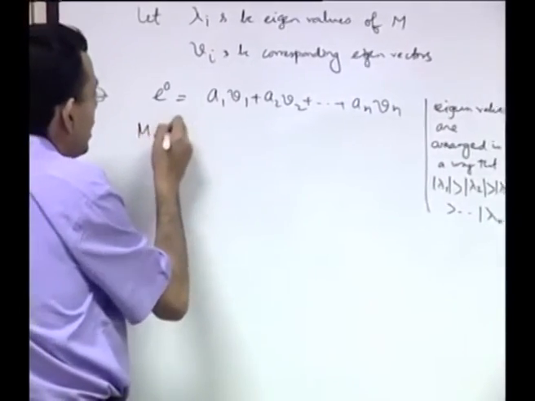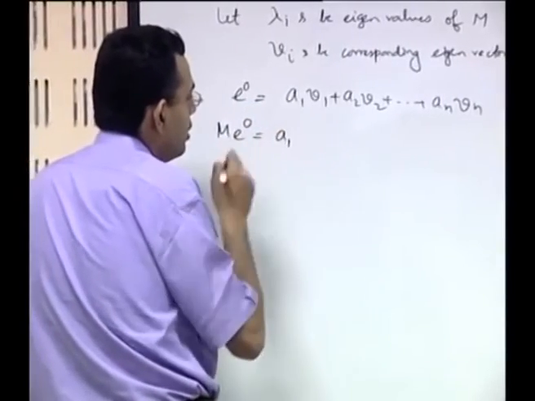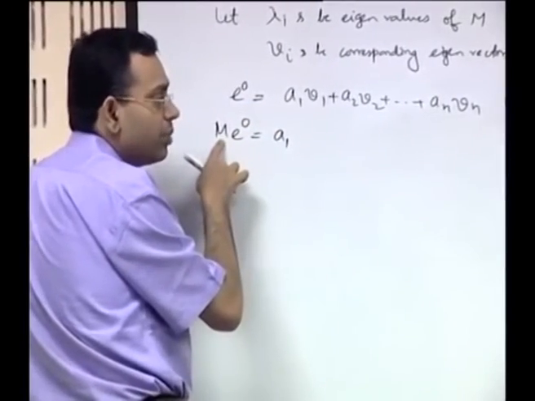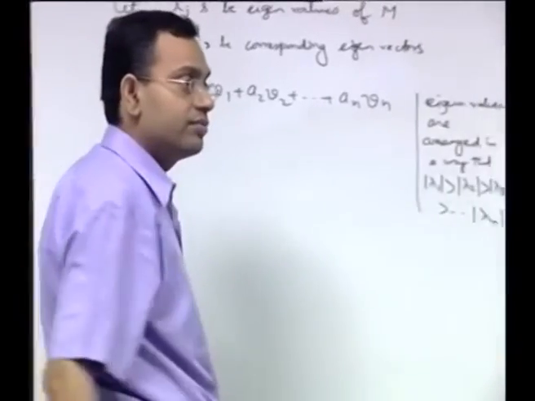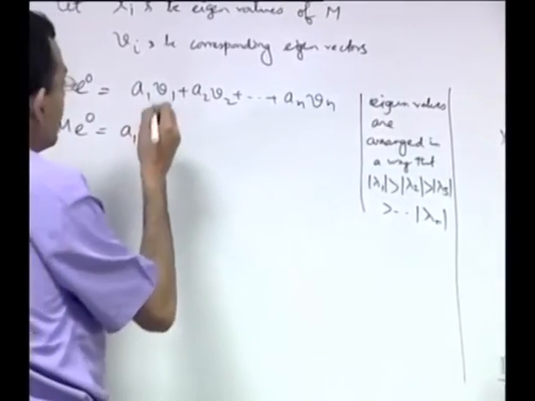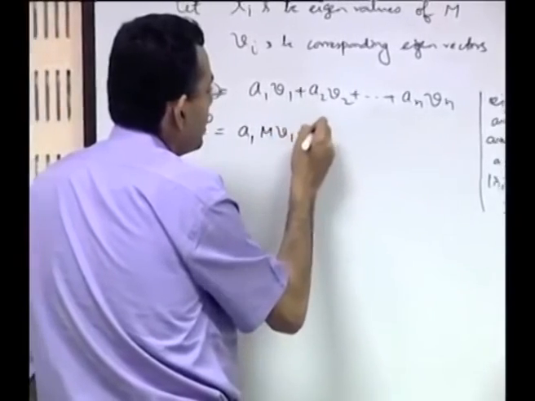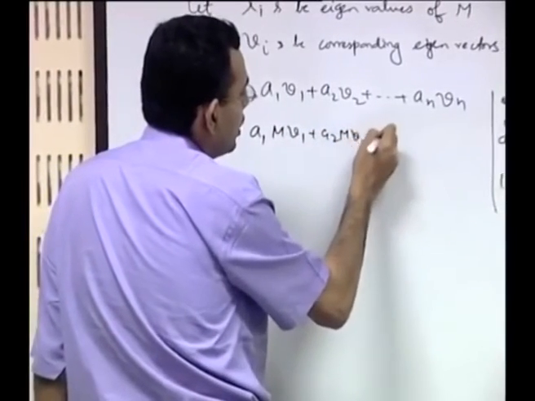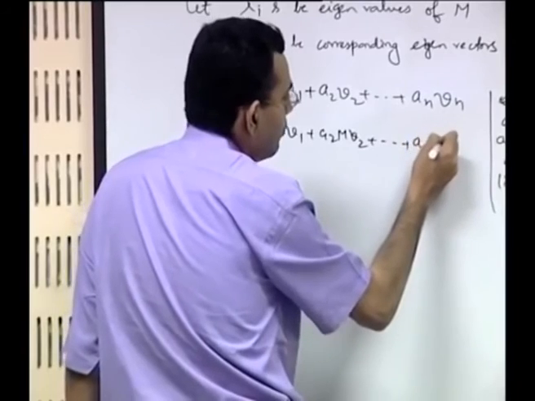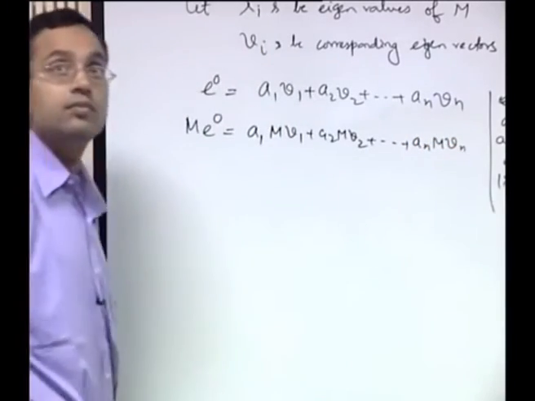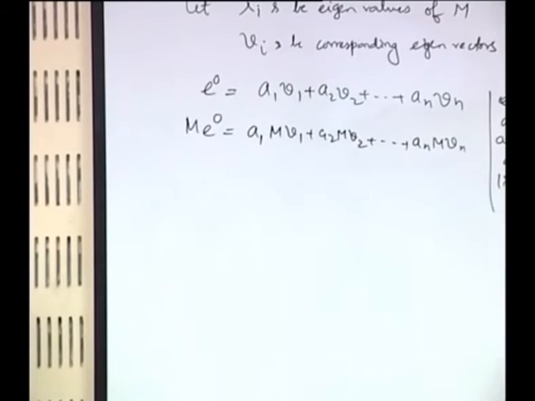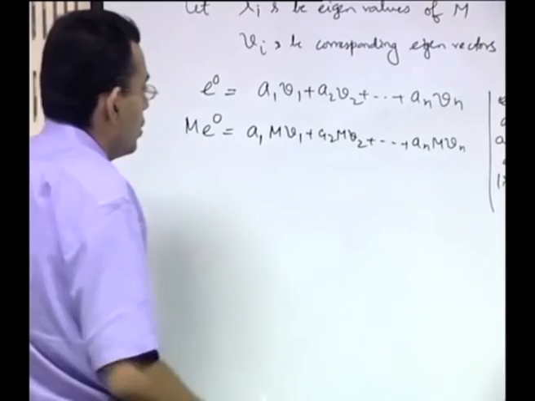Now M E0 is equal to A1 M V1 plus A2 M V2, in this way, plus An M Vn. We are interested in calculating M to the power k E0, because that is Ek.